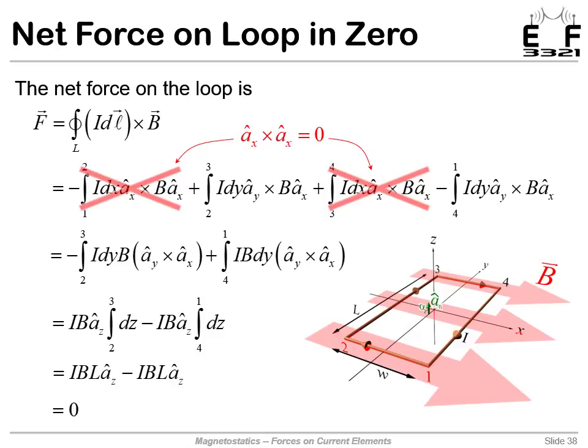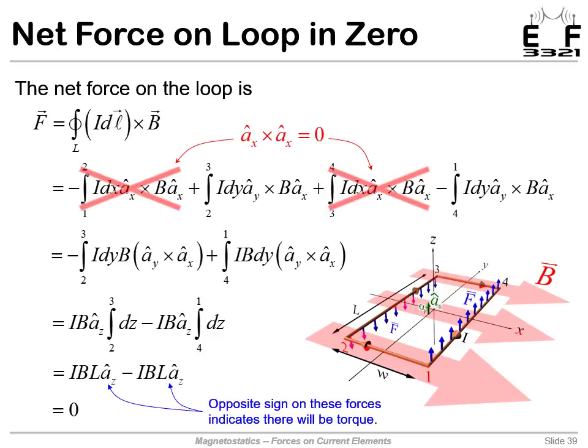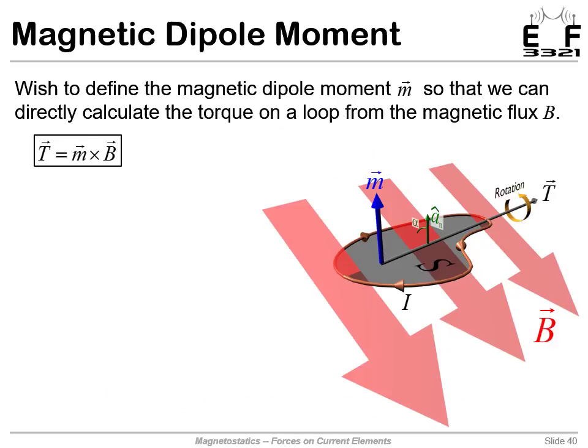However, different parts of the loop have different forces, so it does put a torque on the loop. One thing we can come away with is that these calculations are a bit complicated, and we would like a way to simplify them. Well, one way to simplify them is to come up with something called the magnetic dipole moment.